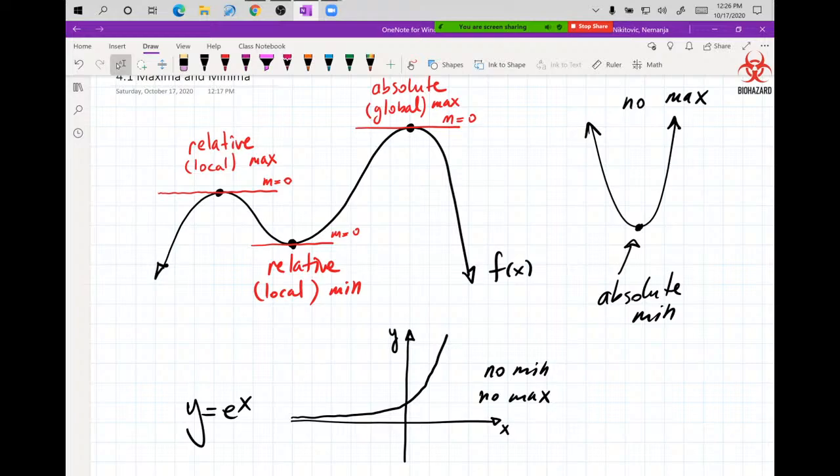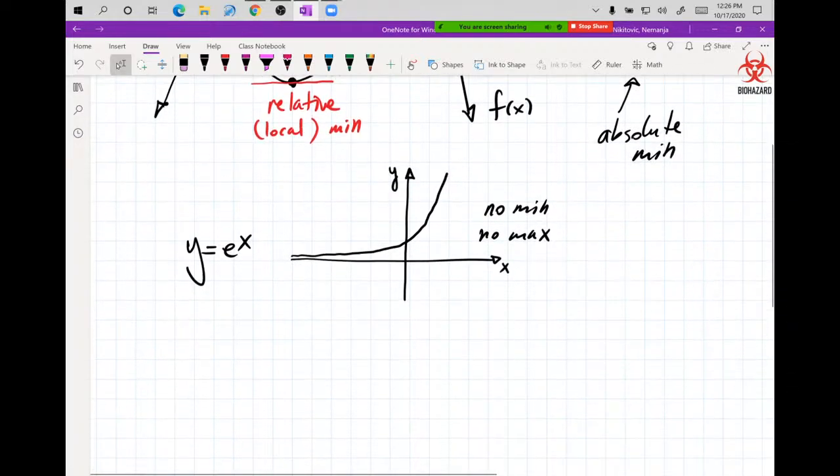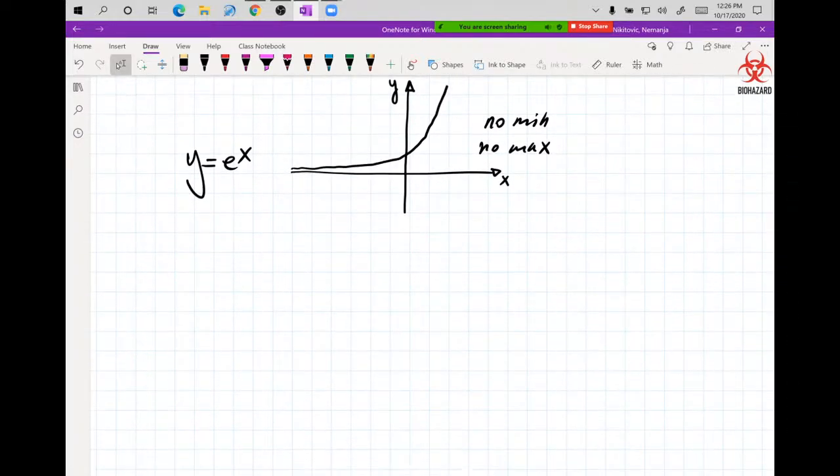Now, I usually get the question from students, what about sine and cosine function? For the sine function, are those all global or local max values? They're all global max values, because those are all the highest points. If you have a local max, that immediately implies that there is a point somewhere that is taller than that value.